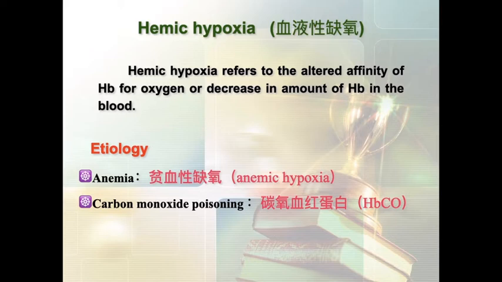Hemic hypoxia refers to the altered affinity of hemoglobin for oxygen or decreased amount of hemoglobin in the blood. The reasons of hemic hypoxia are mainly these two: anemia, we call it anemic hypoxia, and carbon monoxide poisoning.